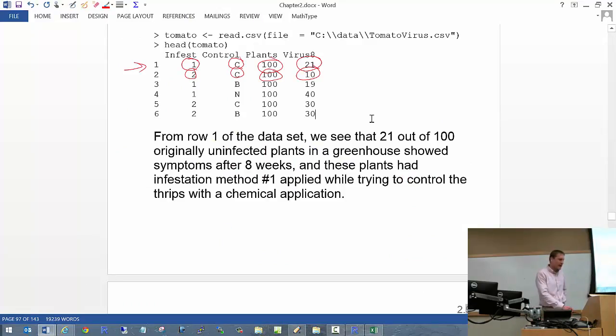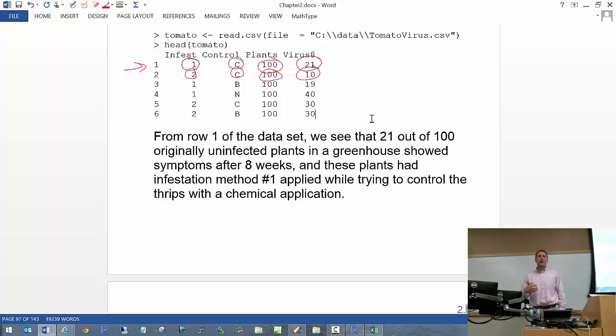So this is the data that we have. We have 2 different infestation methods, which we just simply call 1 and 2. We also have a control method, a way that we're trying to control these thrips. And C is equal to chemical control, B is equal to biological control, and N is equal to none.